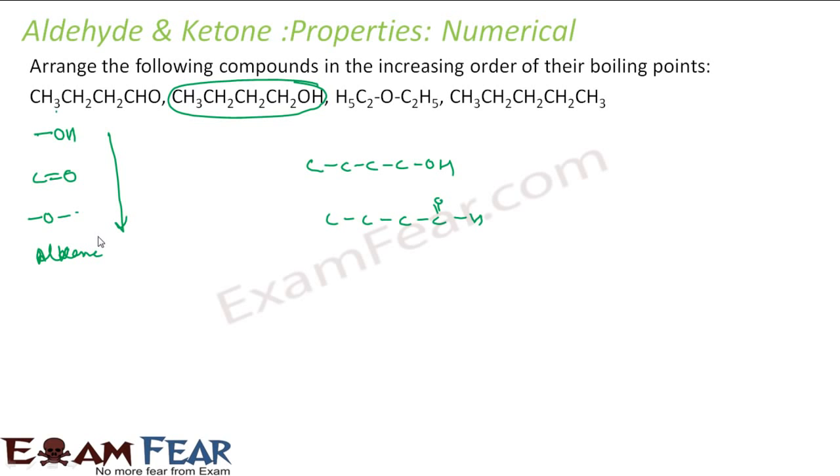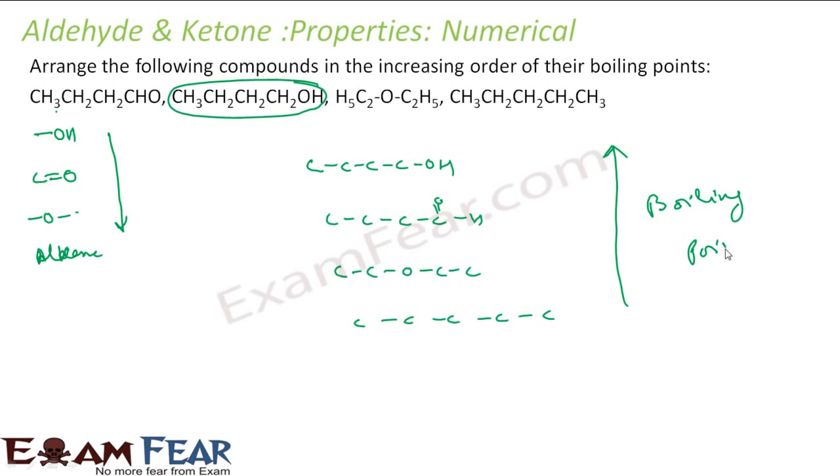And then I have ester, let me put ester. And then I have alkane. Right? This is my order. Maximum because of hydrogen bond, and then we have dipole-dipole interaction, and then we have van der Waals force.